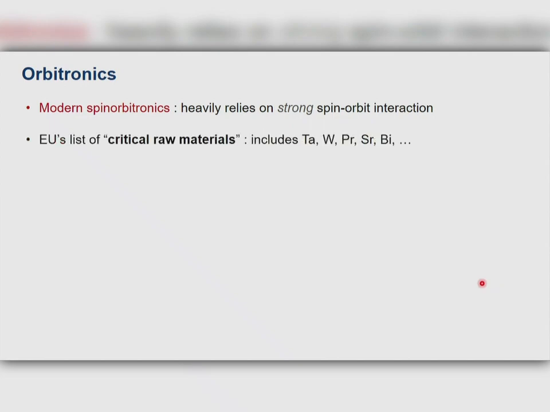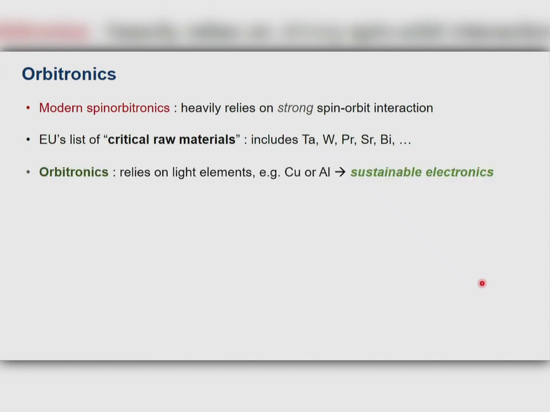Of course, that is not very good, and actually many of the beloved spin-orbitronics materials belong to the European Union's critical raw materials list, so there is not so much of them in nature. Orbitronics, on the other hand, does not rely on spin-orbit interaction. And that is very nice, because it leads to sustainable electronics, so we can use lighter elements to promote very strong orbitronics effects.